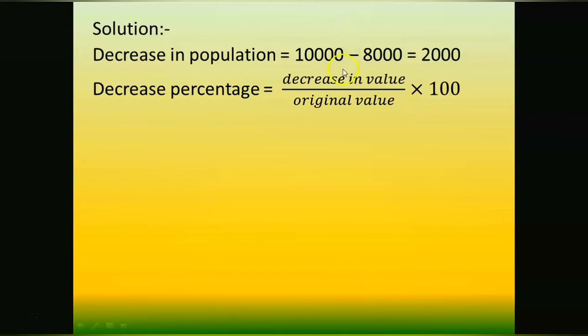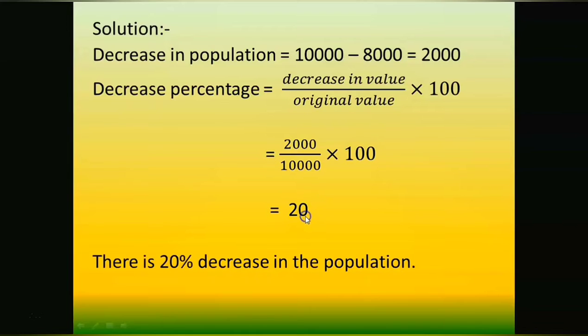That will be equal to this decrease value divided by the original value into 100. The decrease value is 2,000, and the original value will be 10,000. So 2,000 divided by 10,000 into 100, the answer comes out to be equal to 20. Hence, there is a 20% decrease in the population.